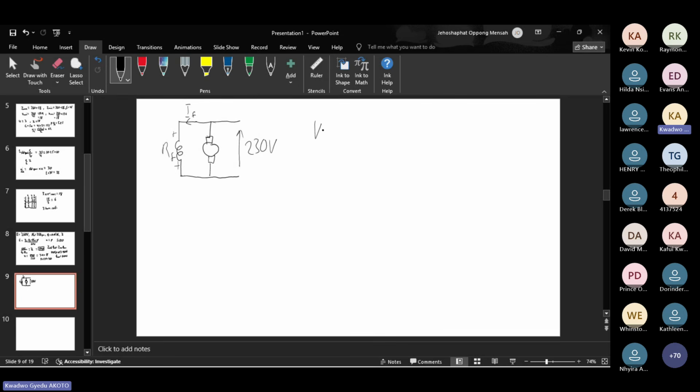We know that V is equal to IR, and we have the voltage across our resistor and the resistance, 247 ohms. So our IF is going to be 230 volts divided by 247 ohms, and this gives us IF to be 0.93 amps.